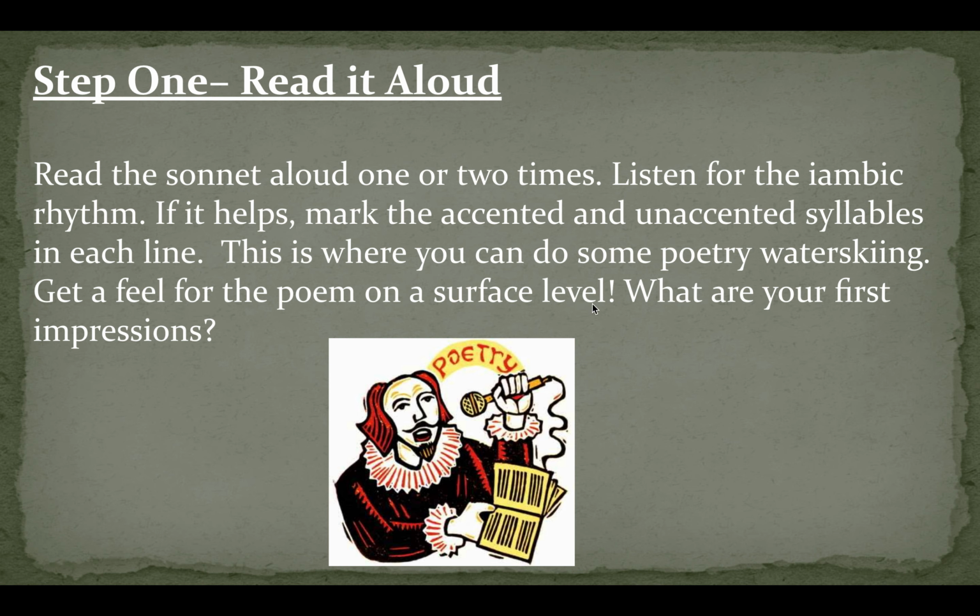This is also where you're going to be doing some poetry water skiing, getting a feel for it on a surface level, getting a first impression, and maybe when you read it a second time, even getting a second impression. Sometimes just reading it through, you can get the meaning of the poem without beating it over the head with a hose. So very important to read aloud.